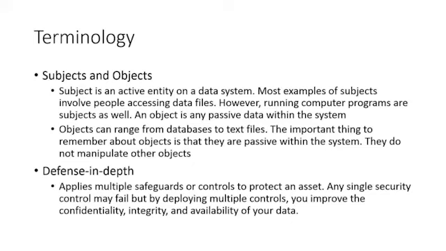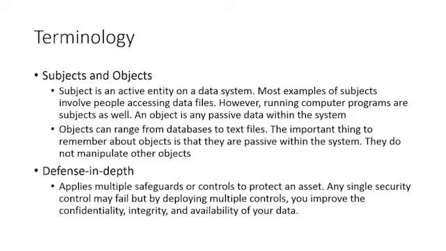Subjects and objects. We haven't talked about this one yet, but a subject is an active entity on a data system. Now, most examples of subjects involve people accessing data files. They're going in and getting something out. Running computer programs can also be subjects, because sometimes you have computer programs talking to other computer programs.